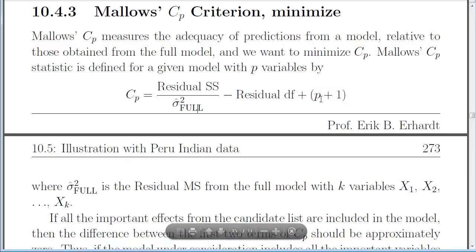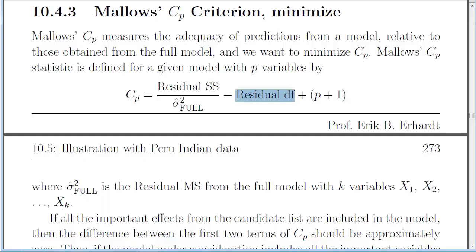Now what happens when we reduce the model so that p goes from the full number of predictors, which in my initial part of the chapter is k, the total number of predictors, to a smaller number, p. In that case, the full model quantity stays the same, but now the residual sums of squares is going to increase a little bit because we have fewer predictors in the model, we're explaining less variability. So this residual sums of squares goes up, but the residual degrees of freedom decreases by 1 unit.